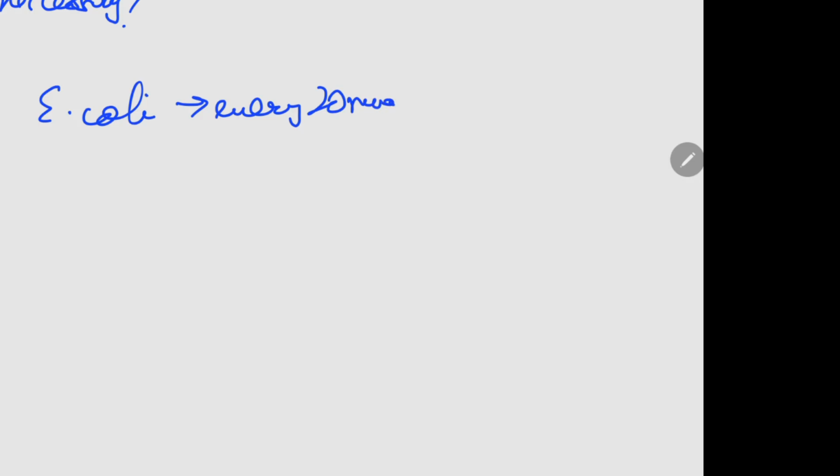So why is binary fission necessary? First, it is rapid, done very quickly. E. coli can divide every 20 minutes, resulting in exponential population growth.